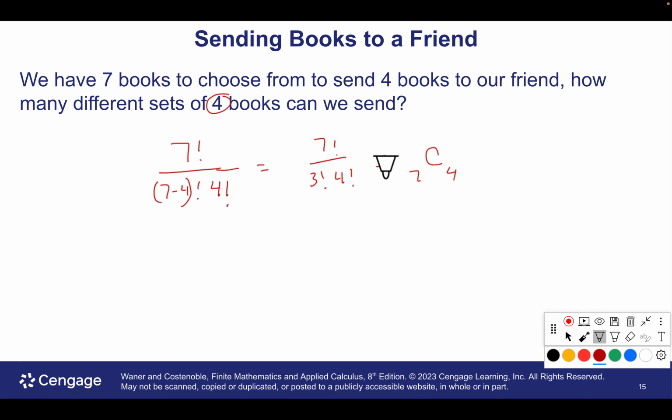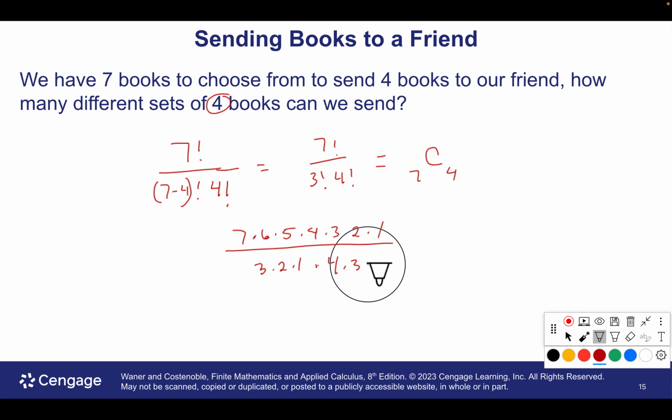But if you want to, you could write out 7 factorial: 7 times 6 times 5 times 4 times 3 times 2 times 1, divided by 3 times 2 times 1 times 4 times 3 times 2 times 1.